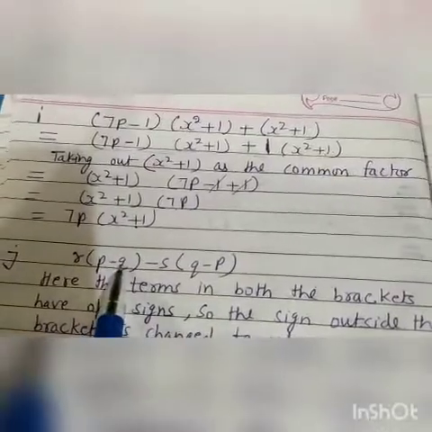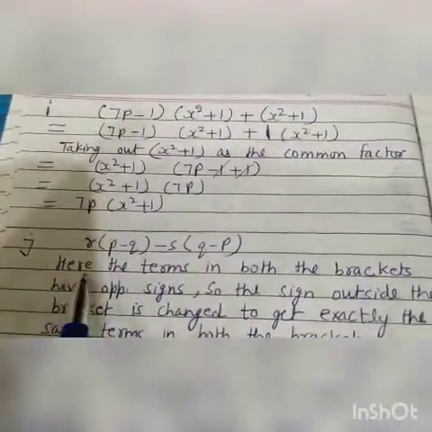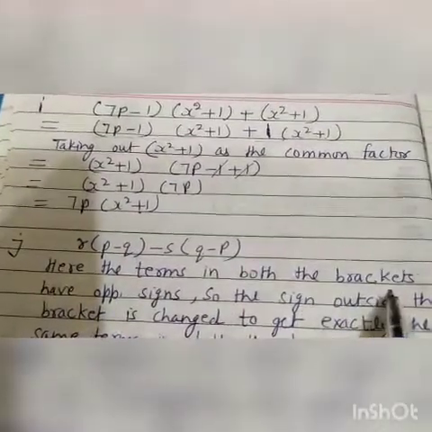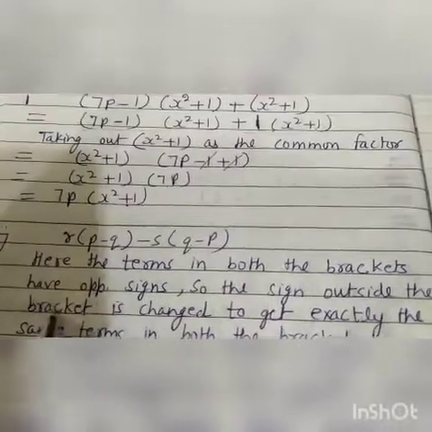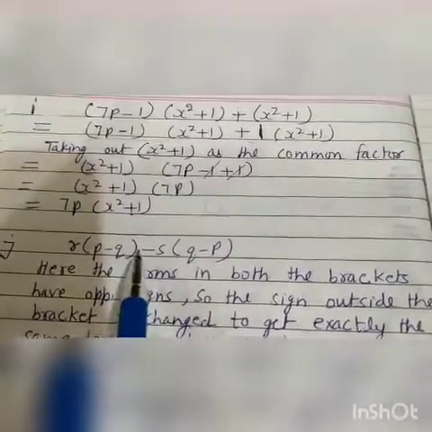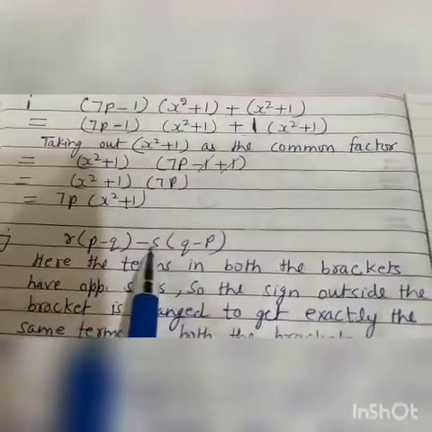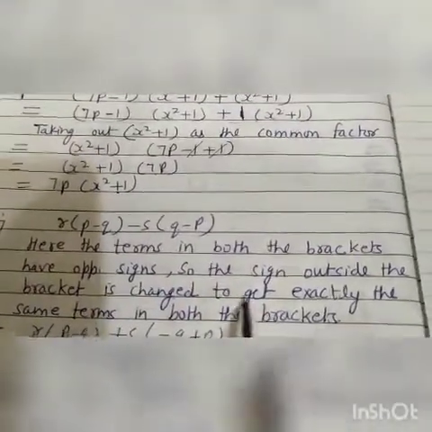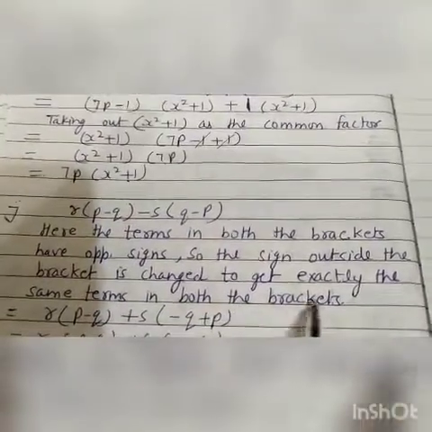Here it is minus q, here it is plus q. So again what will we do? Here the terms in both brackets have opposite signs, so the sign outside the bracket is changed. This minus s will become plus s, to get exactly the same terms in both the brackets.